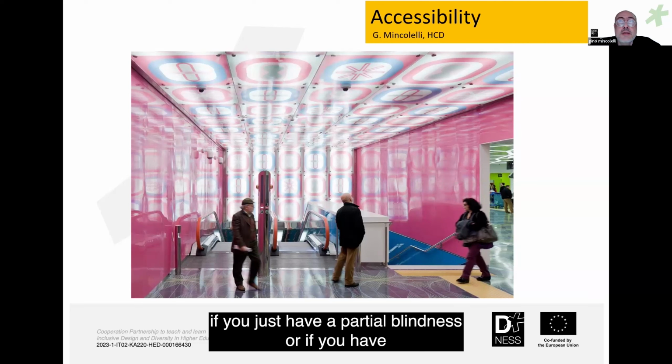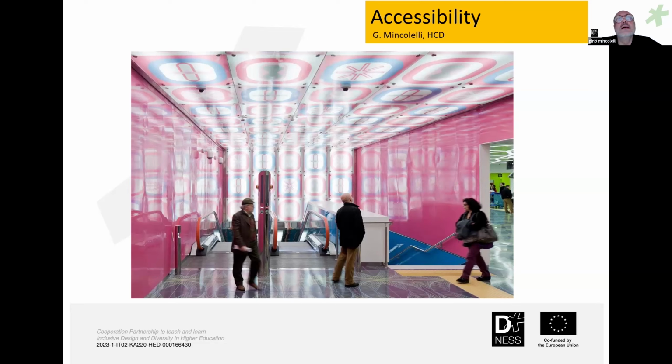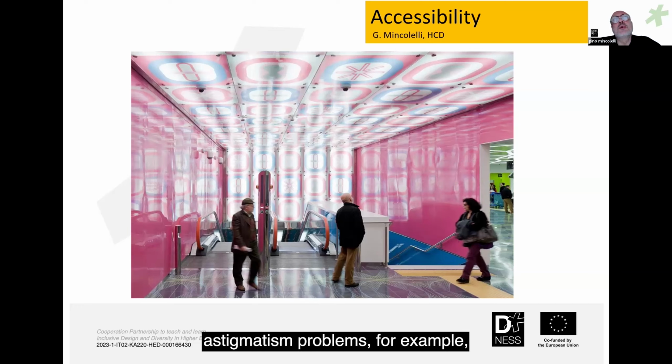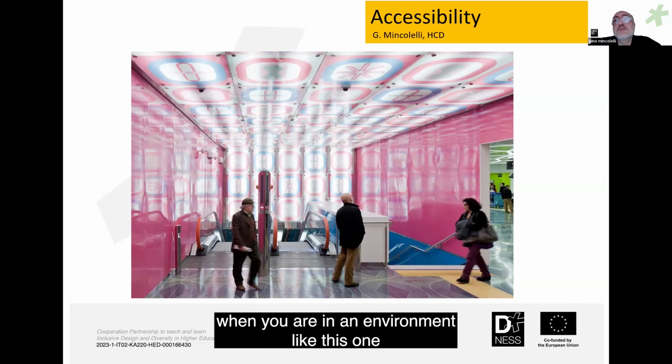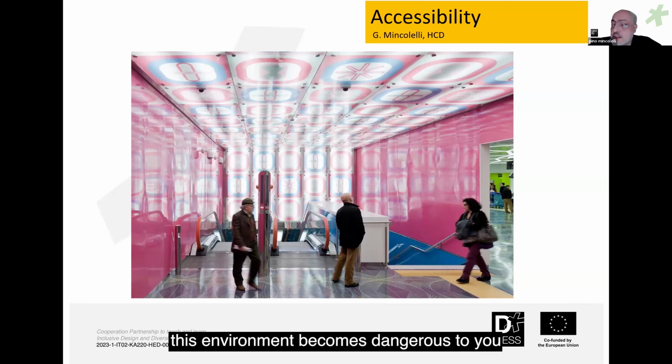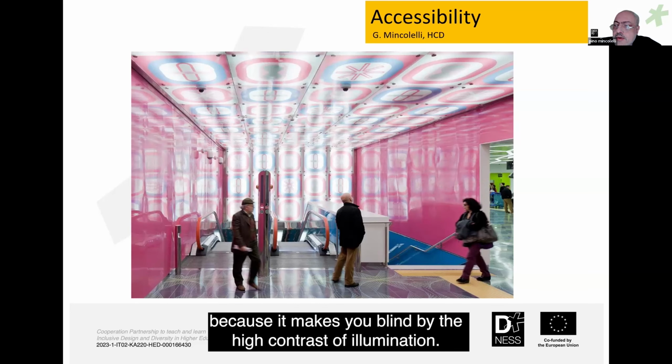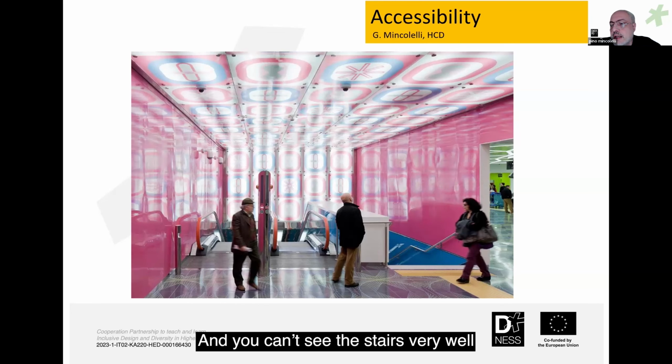have partially blind or you have astigmatic problems, for example, and you are sensitive to light, when you are in an environment like this one, this environment becomes dangerous to you, because you are made blind by the high contrast of illumination and you cannot see very well the stairs.